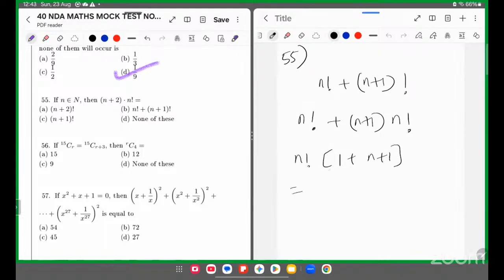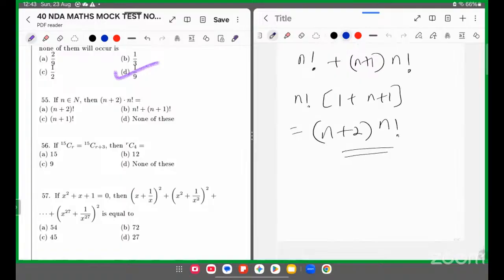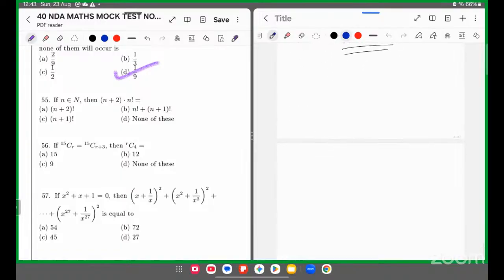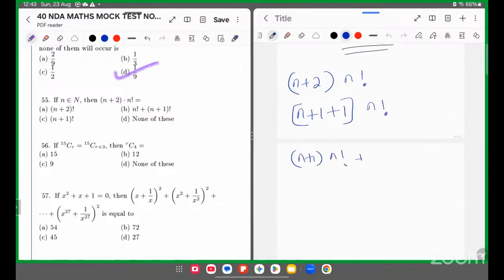So I can write it as n plus 2 into n factorial. Now n plus 2 into n factorial, I can write as n plus 1 plus 1 into n factorial, so n plus 1 into n factorial plus 1 into n factorial. This will become n plus 1 factorial plus n factorial. Option B is the correct answer.